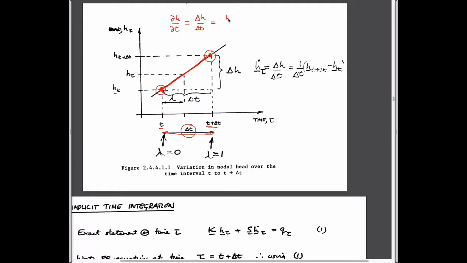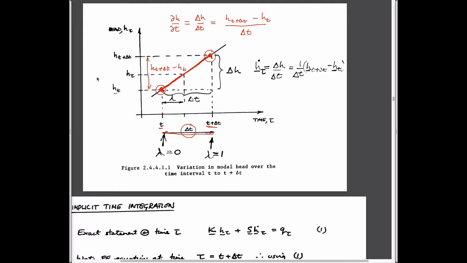So it would be head at time t plus delta t minus the head at time t, which is just this difference here, and divided through by the length of time it takes for that to happen. So that's one way of being able to define this.